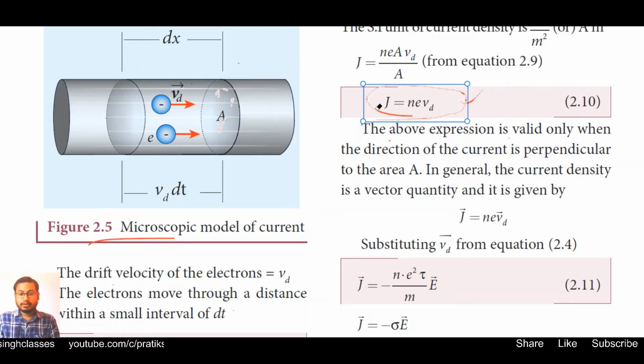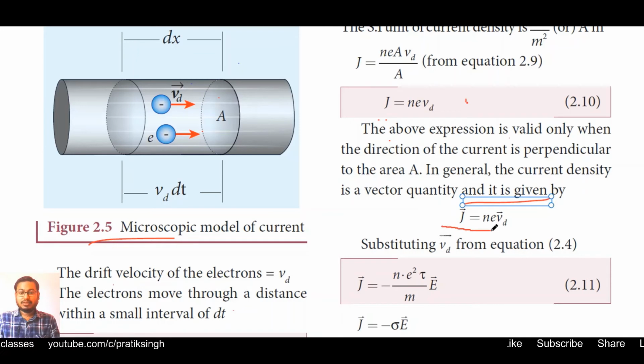Fine, moving on. In general, the current density is a vector quantity. Always remember that current density is a vector quantity, but current itself is a scalar quantity. It is given by J = nevd. Here n is a scalar, e is a scalar, but vd, drift velocity, is a vector quantity.